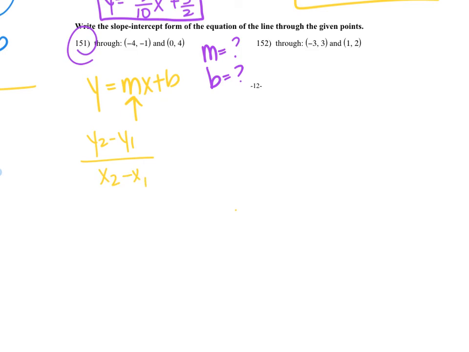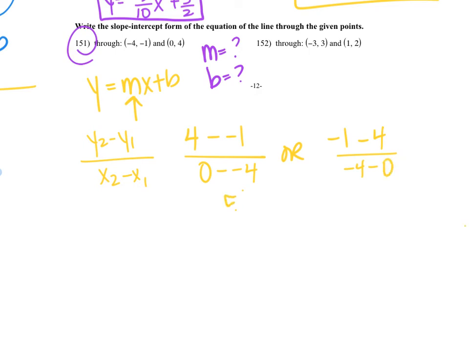So in this case, you could actually do 4 minus a negative 1 over 0 minus a negative 4. Or you could go the opposite way and say negative 1 minus 4 over negative 4 minus 0.